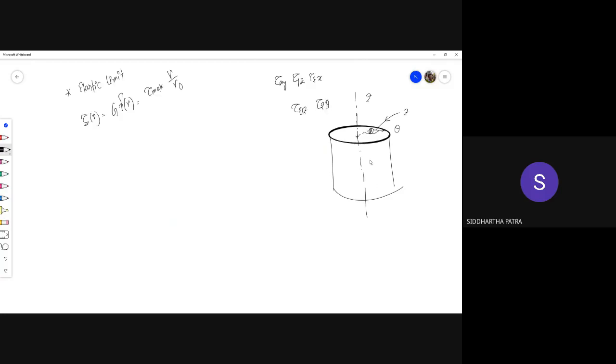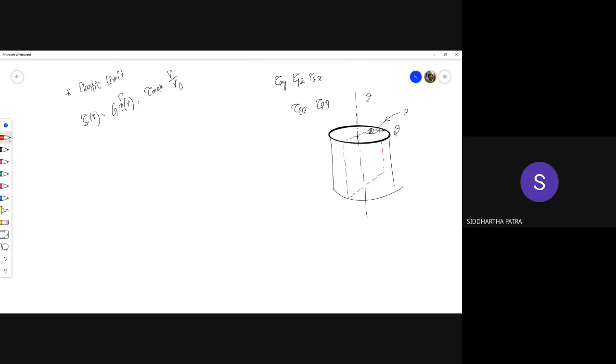So for tau z theta, you'll have to look at the surface which is perpendicular to the theta direction. That means, let's say, if I extend this radial line and take such a section, that surface would be perpendicular to theta.